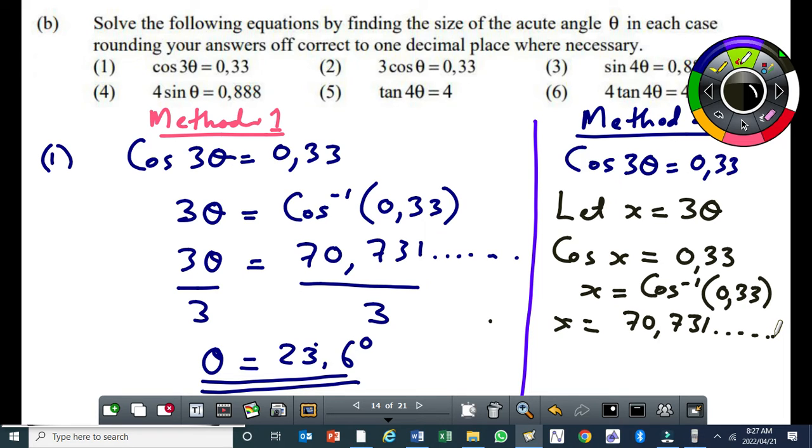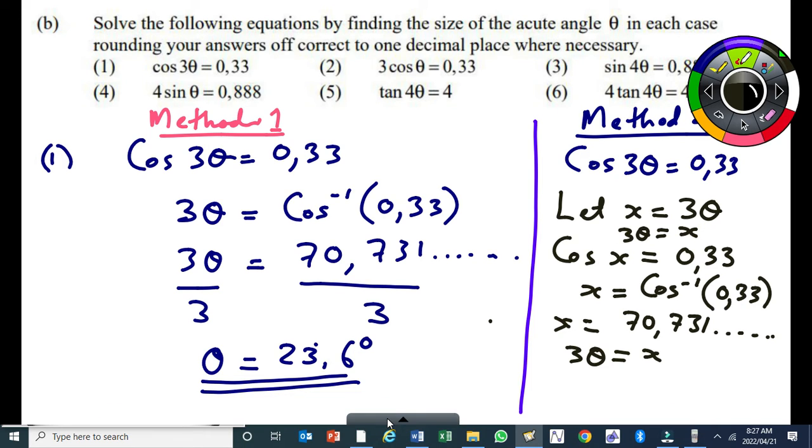So from here now, we know that 3 theta is x. Please be aware that this is the same as 3 theta is x. It's the same. So if I want to calculate theta now, I just have to replace the x by 70.731.